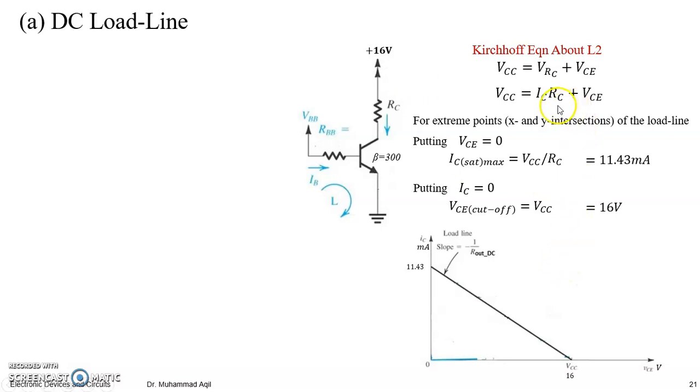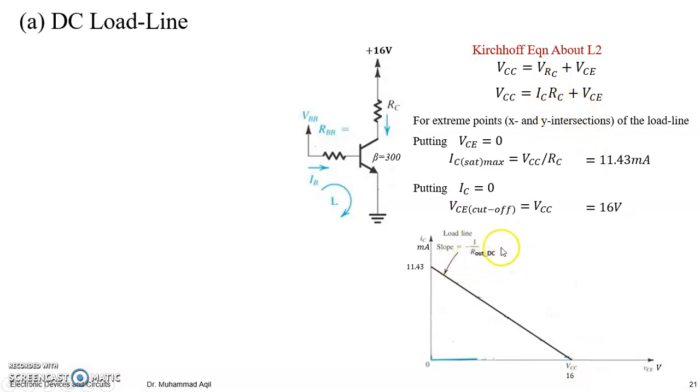For now, I will just tell you: rewrite this equation in the form y equals mx plus c. Then you will get IC equal to minus 1 by RC times VCE, plus the y-intercept VCC divided by RC. So minus 1 by RC is your slope. This is the y-intercept VCC by RC, and this is the x-intercept if you put in this equation.